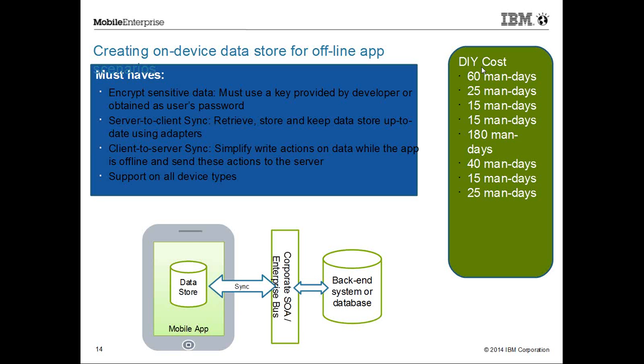Now, when I put an offline data store on the device, there are a lot of things I need to ensure. I need to ensure the sanity of the session. I need to ensure that the sequencing of the message is correct. I need to ensure that I encrypt the data. It should not be accessible to anything else that also talks to the device. So this is something that you would spend about 25 man days creating.